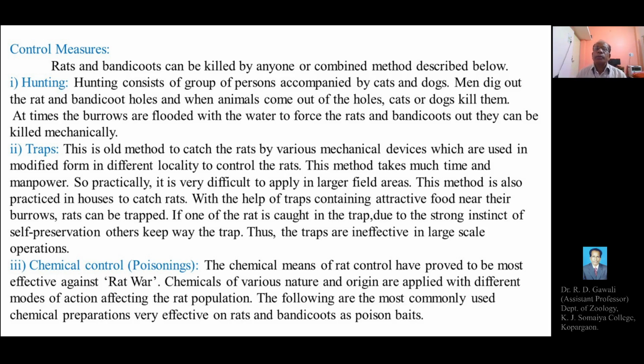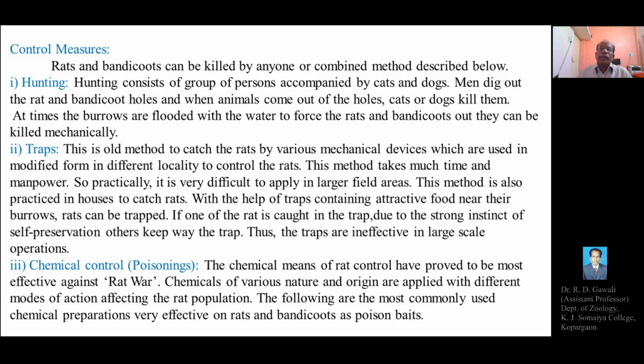One, that is use of the cats and dogs. So first, the person will dig out the rat or bandicoot holes or burrows, and when the rats and bandicoots come out of the burrow, cats and dogs kill them. Or even, one can flood the land so as to fill up the burrows with water.